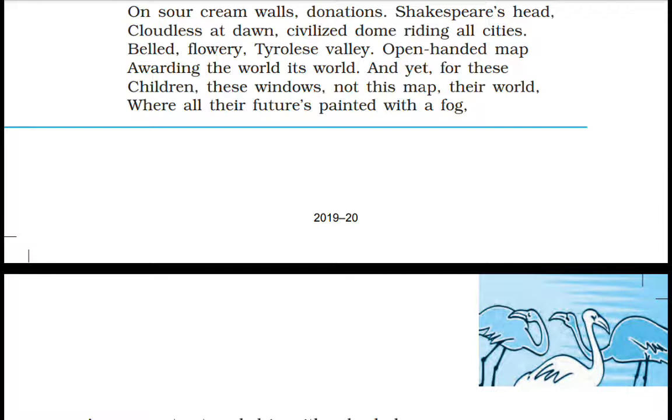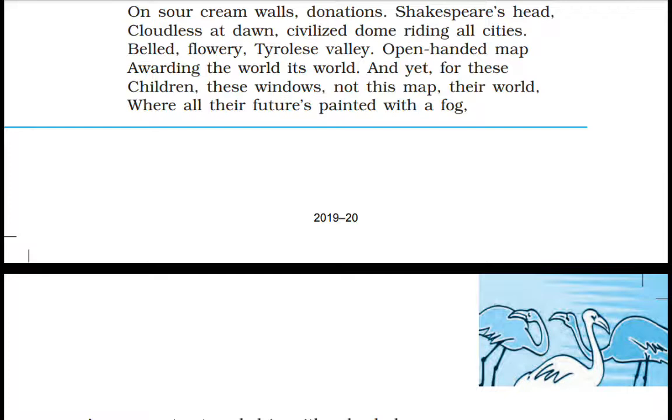But here it also refers to the fact that these children do not have a cloudless sky in their destiny, because these children's future is very dark. They cannot see such a cloudless or bright morning, because they have gloom, despair, disappointment in their life. So Shakespeare's head is there in the picture, and in the background of that head there is a cloudless sky. The scene is of morning.